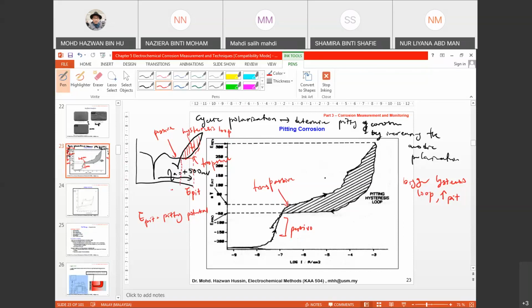So there's also another thing that you can observe over here. This is actually known as ERP. What is ERP? Over here, it is mentioned as EPRO. ERP is repassivation potential.